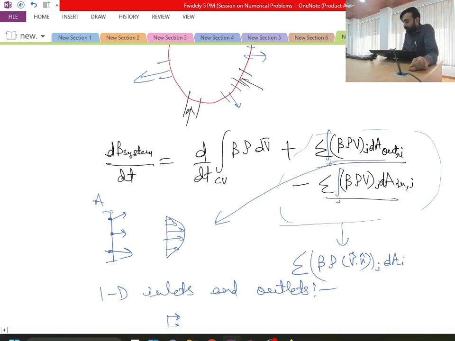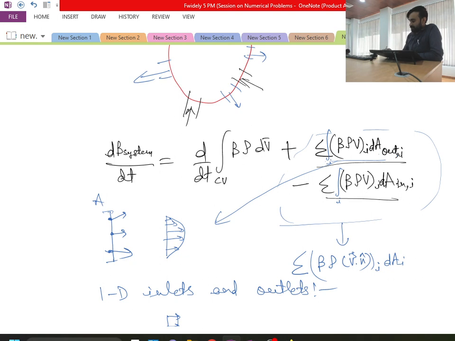Now this velocity, which I was connecting to the small elemental area dA, instead of that I can connect it to the total area of the inlet, because for the total area of the inlet it is a single value.